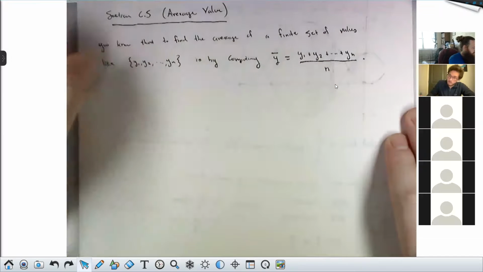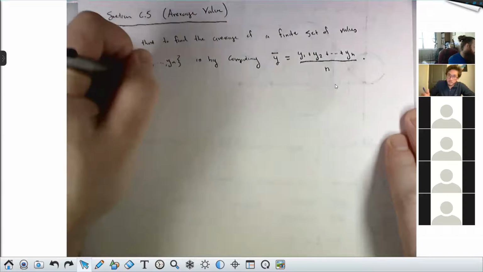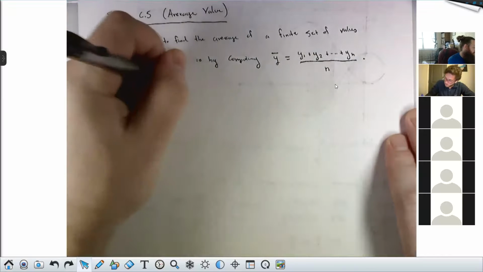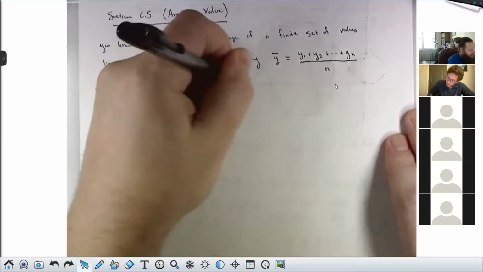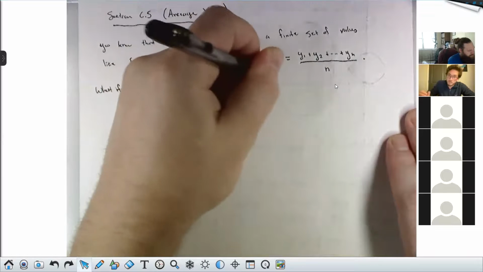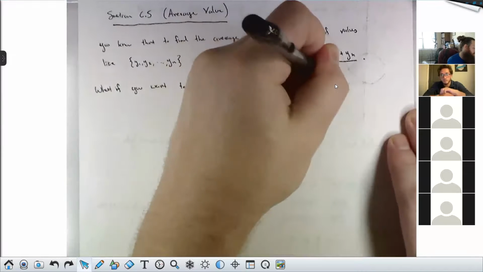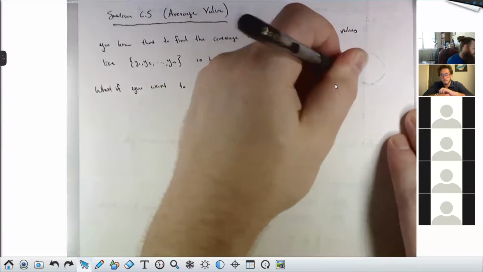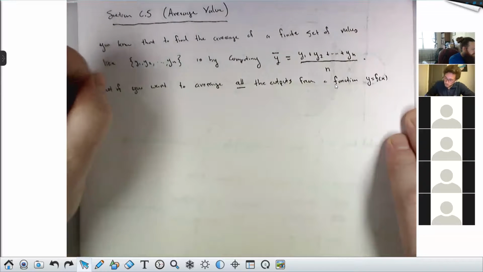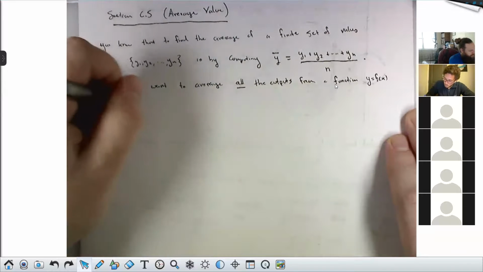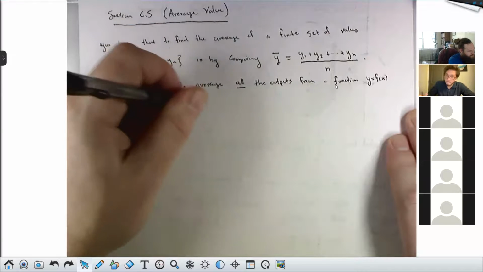But what if you want to average all the outputs from a function y equals f of x from, say, x equals a to x equals b?